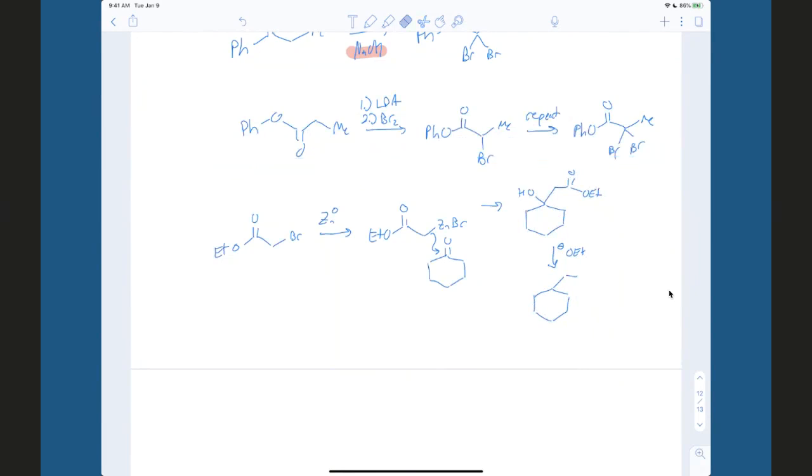I'll just erase that line. And you can view this as a negative charge on the carbon, or on the ester as an enolate, to be able to go down and kick out the hydroxide. So it is player's choice. One of the beauties of this point of the class is usually there's more than one way to do something.